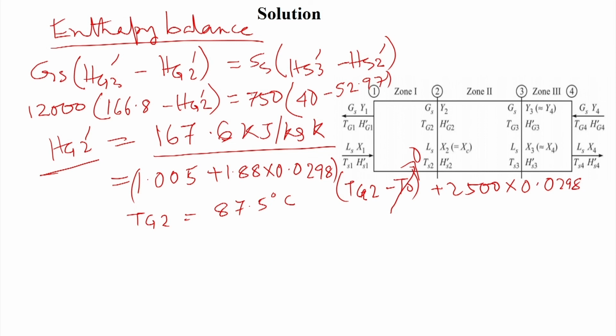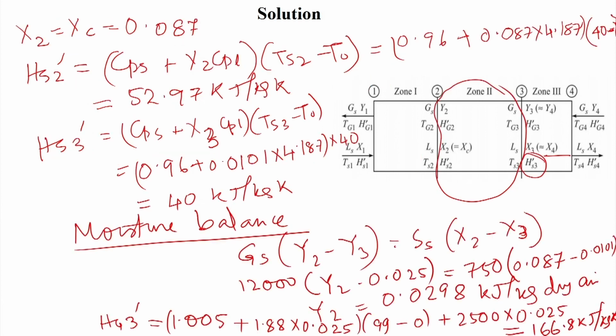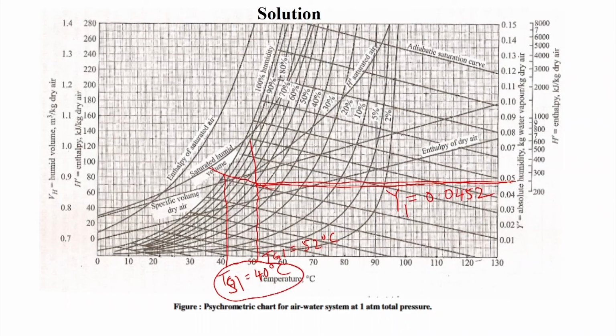Ts is equal to 40 degree Celsius, we know. Suppose this Ts1 is 40 degree Celsius, and now we have Tg2 equal to 87.5 degree Celsius.